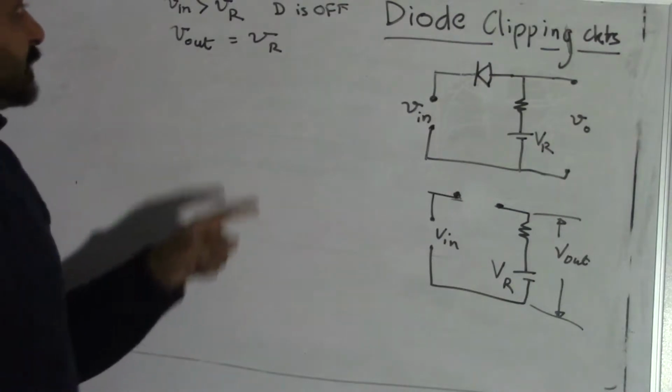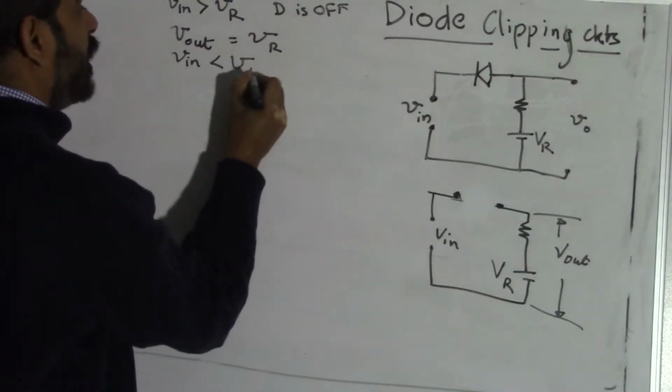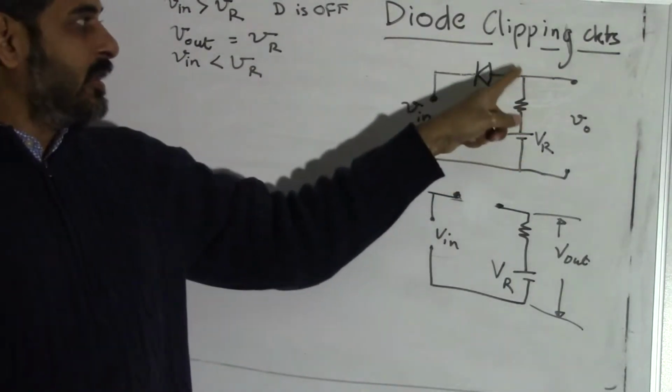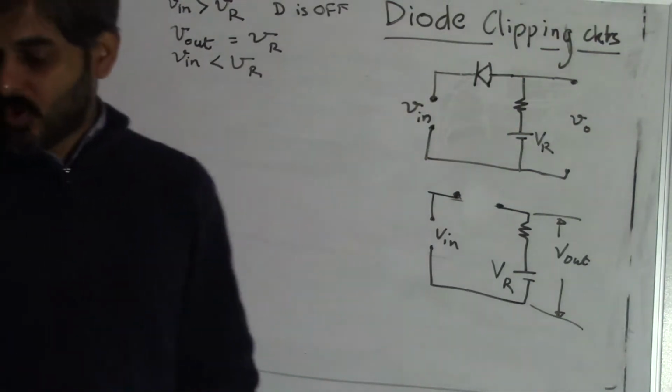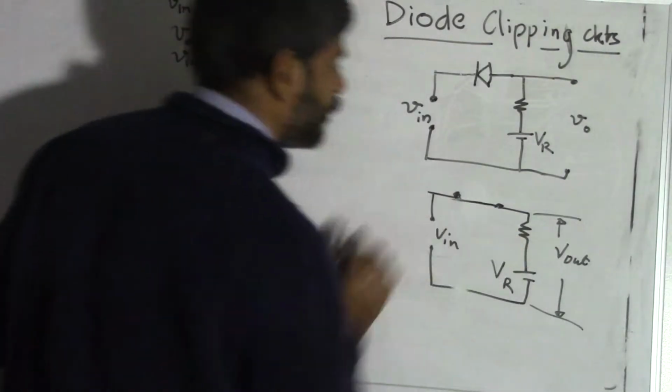In the second case, let's say what happens when V in is less than VR. So when V in is smaller than this VR, then VR is higher, V in is lower. So this diode is forward biased, and in that case we have the circuit like this.